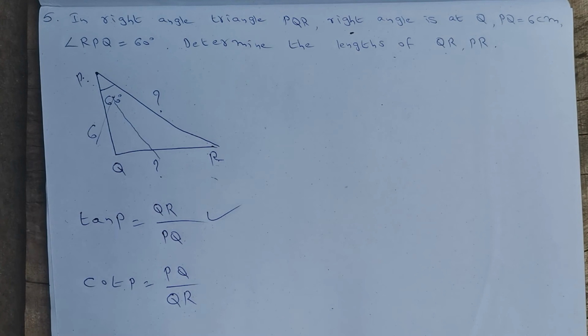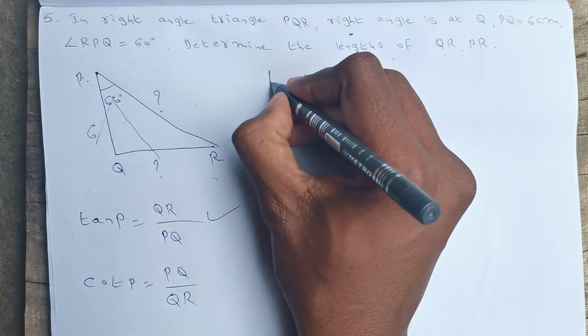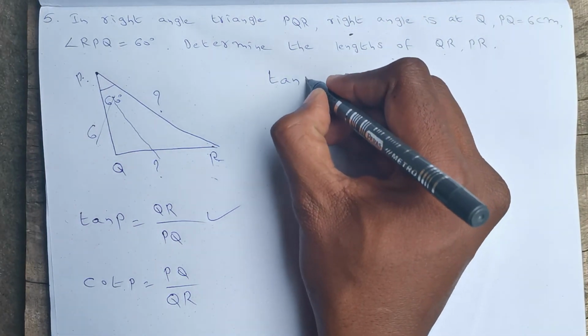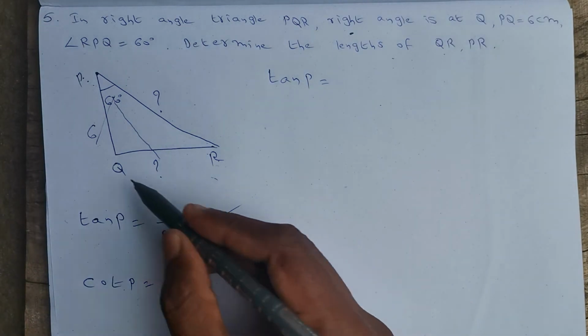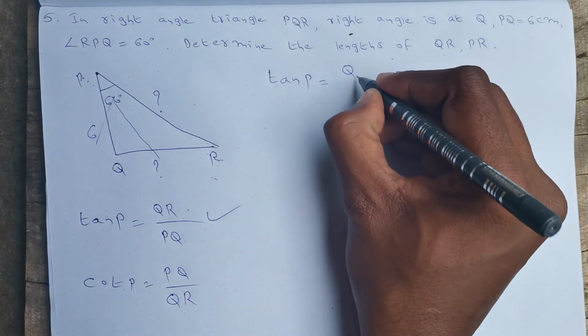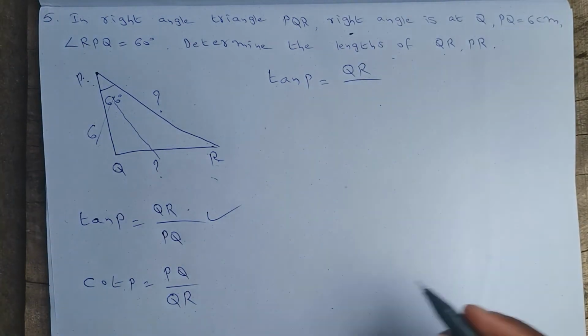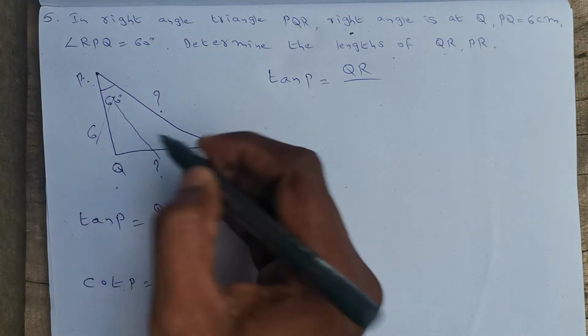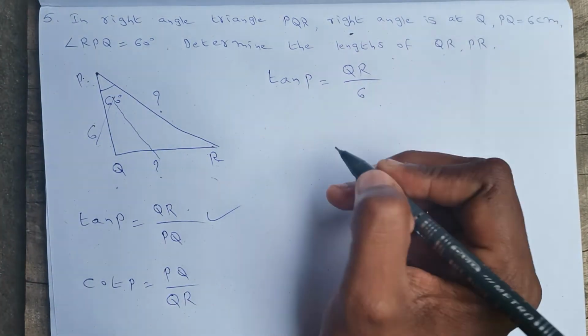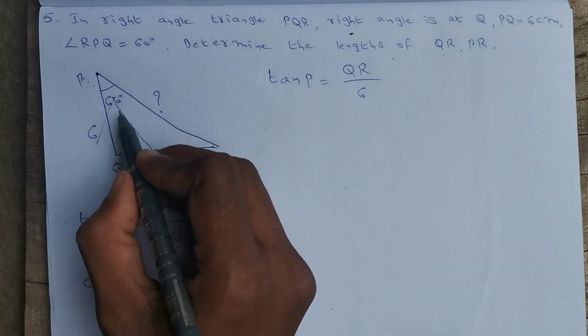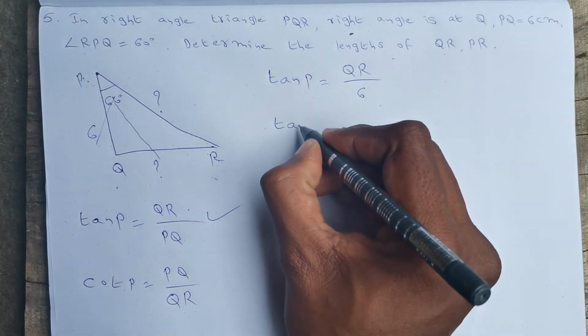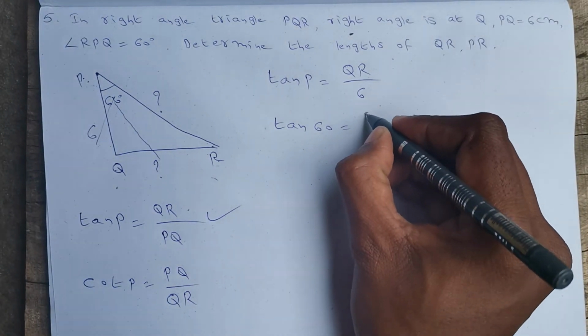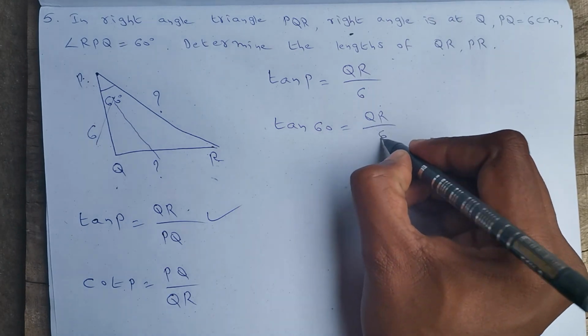So I am going to take this tan P. Let us check once. Tan P is equal to QR, which we don't know, so as it is, I am writing QR divided by PQ. PQ is given as 6 units. Tan P, here he gave it as 60 degrees. So tan 60 is equal to QR by 6.